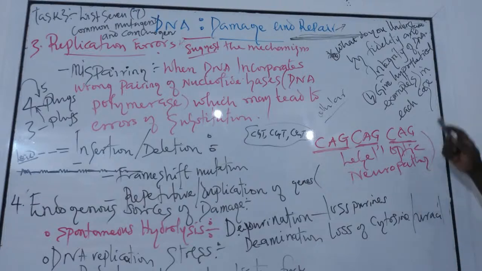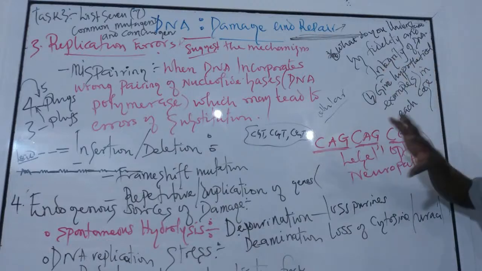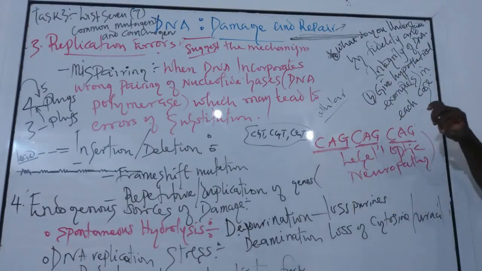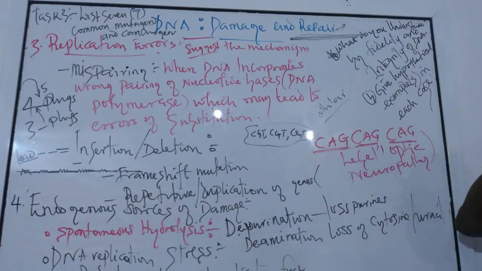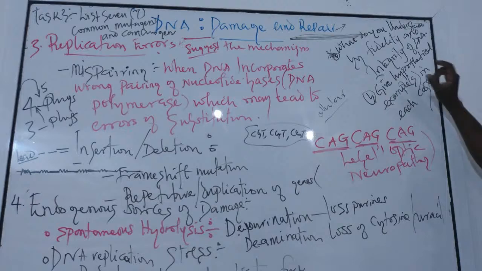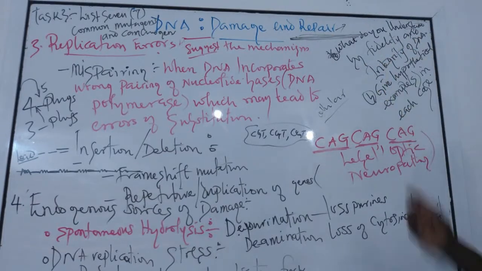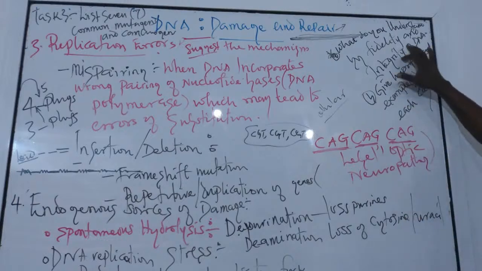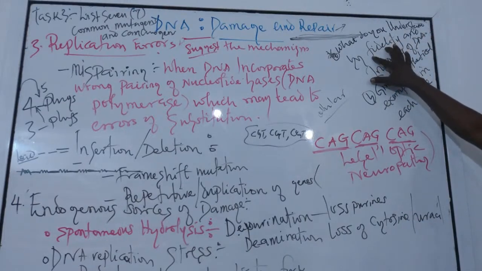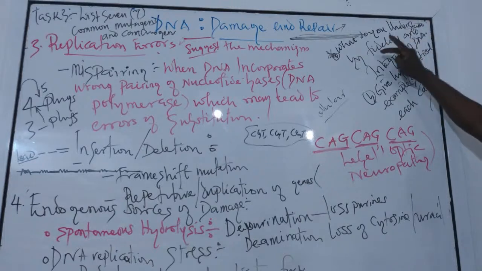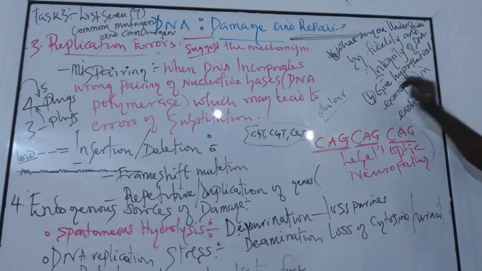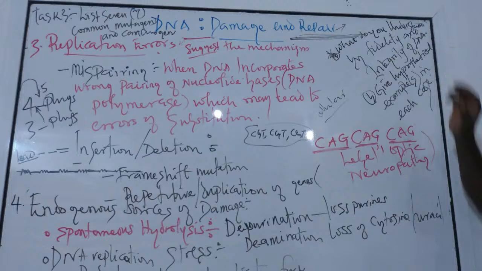So if you want to maintain the fidelity and the integrity of the cell, there must be a very intelligent method of repairing DNA. The DNA must make sure it puts in place the correct and right mechanism to repair its errors.